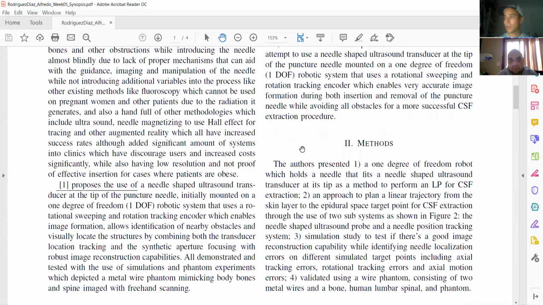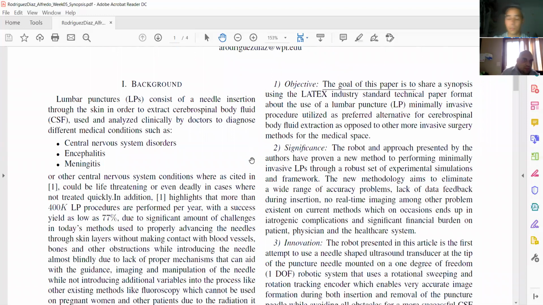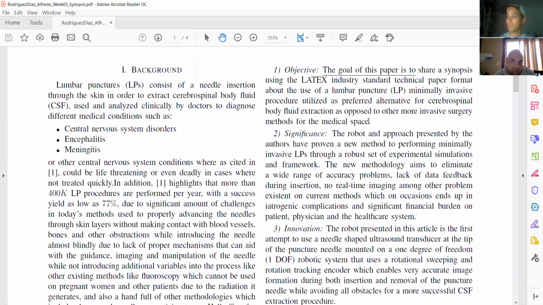So basically, highlighting the main objective of the assignment, which is the significance and innovation, I'm going to read through it.